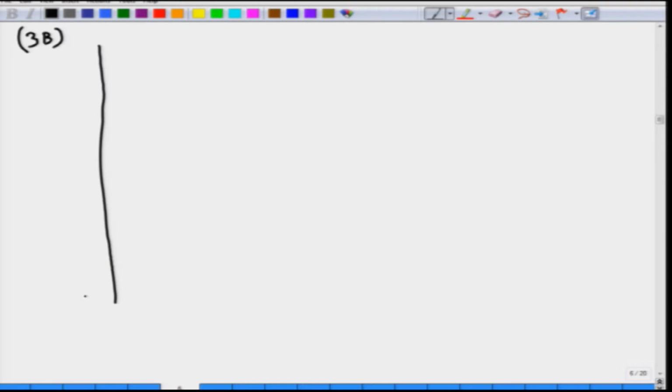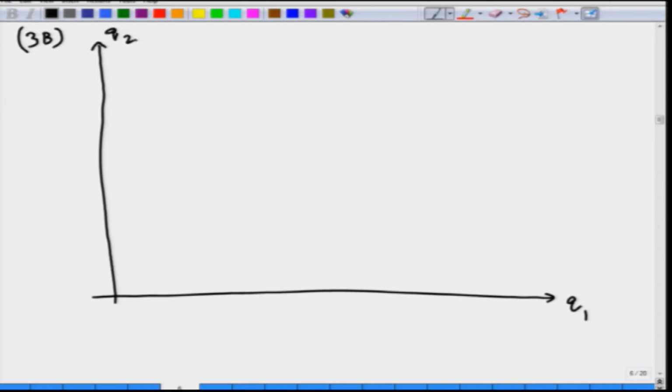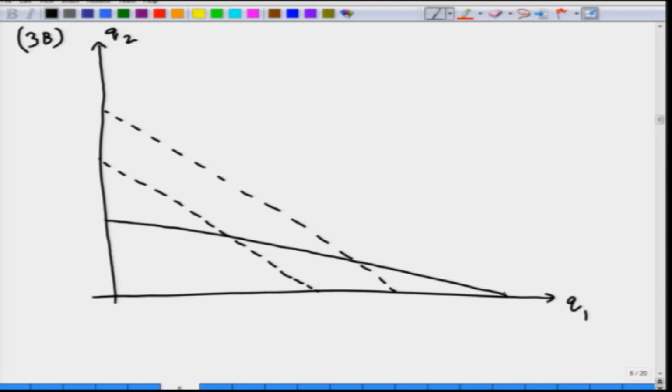So, if we have Q1 and Q2, and the best response functions for the firms, we have firm 2's best response curve. More importantly we need the M1, and this is the S that we had, and let us say the B1 was somewhere here. So, the B1 or the B star was somewhere here.